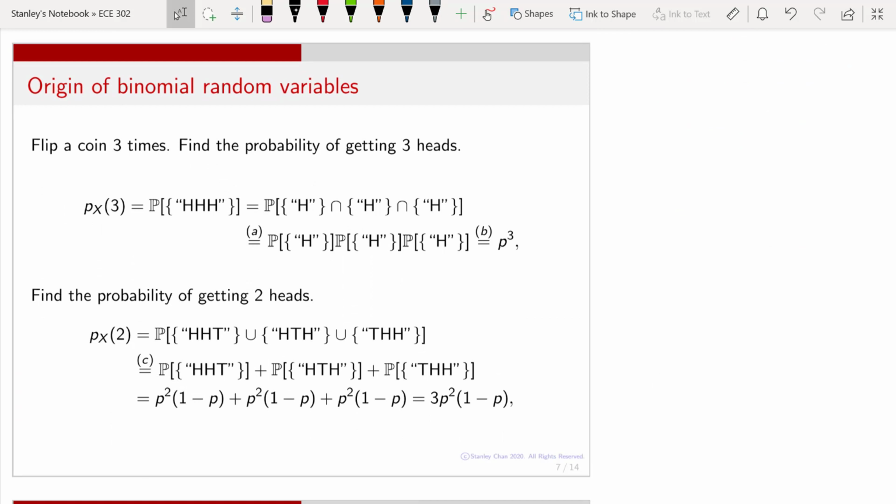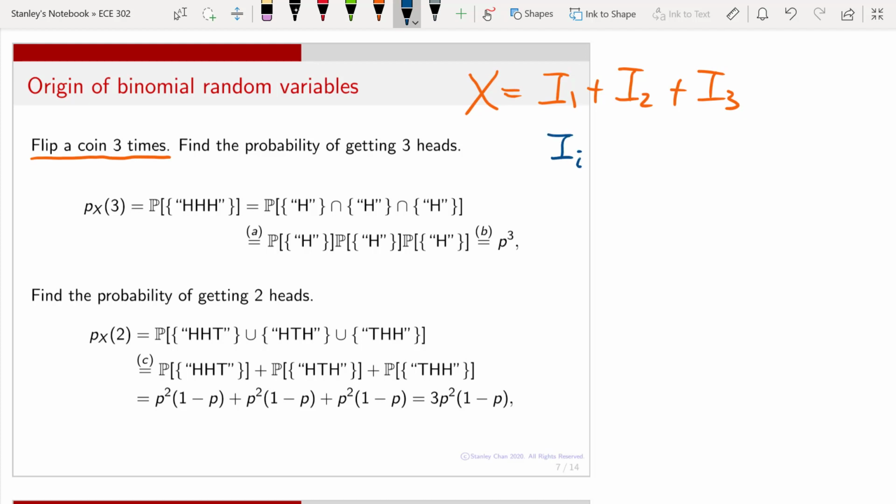Let us talk about the formula. The magical formula of n choose k and then p to the power k and 1 minus p to the power n minus k. Let us consider the following example where you flip the coin 3 times. We define a random variable x as I1 plus I2 plus I3, where each I is a Bernoulli random variable.